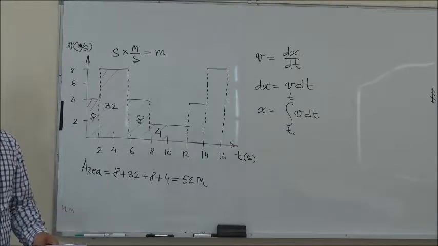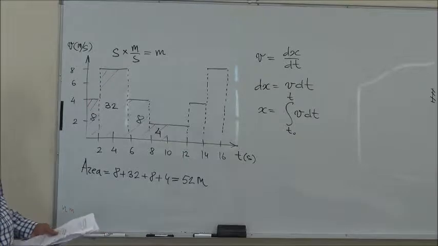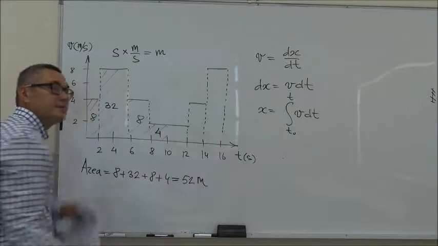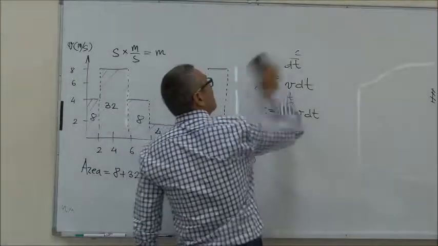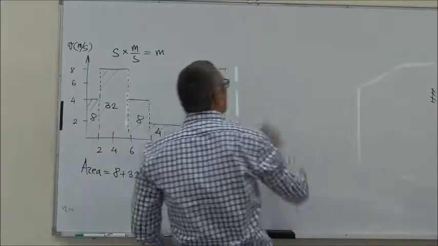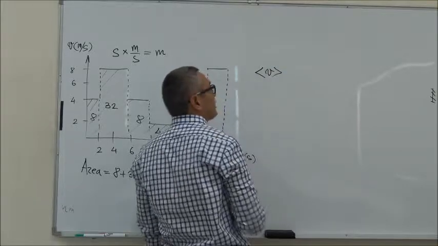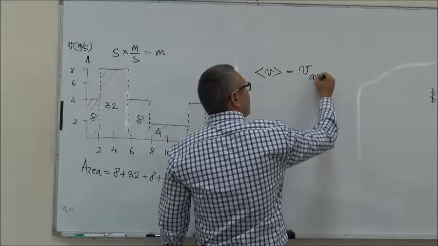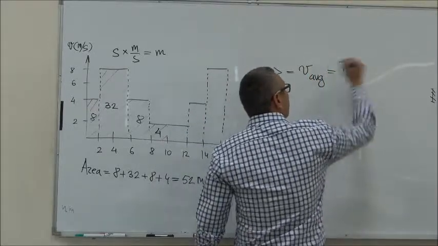In part B of the question, we need to find out the average velocity of the runner over the entire 16 seconds time interval. The average velocity, which we can label as v in angle brackets, or sometimes we would use v with a subscript avg, or sometimes we would say v with the bar on top.